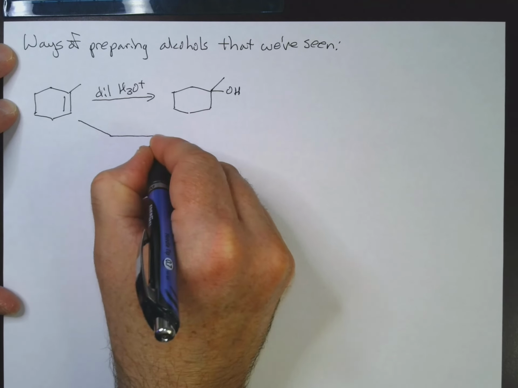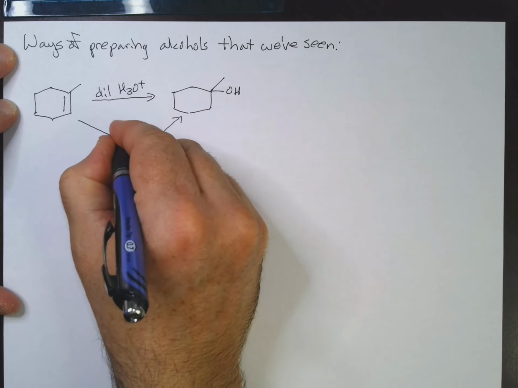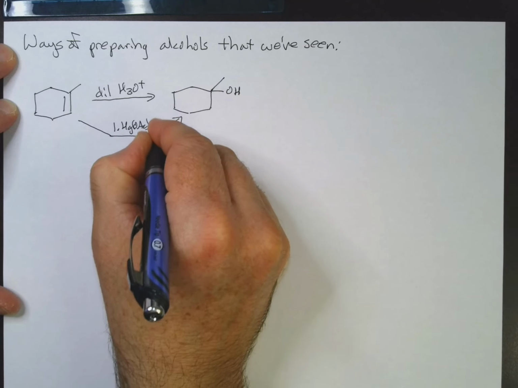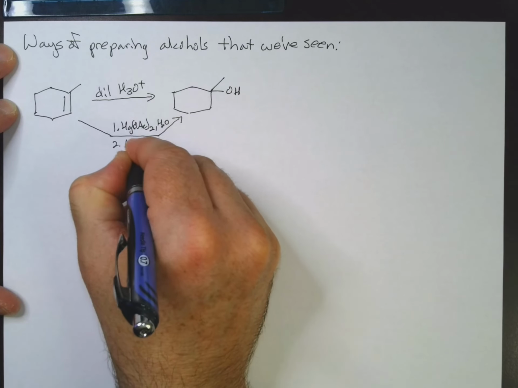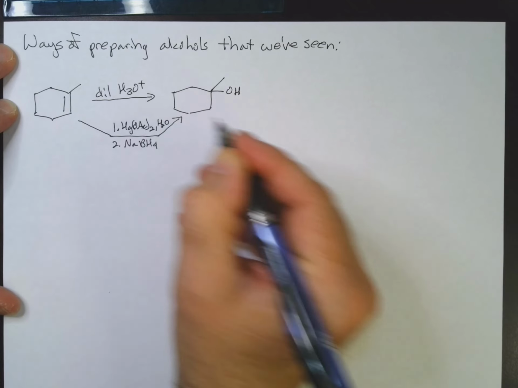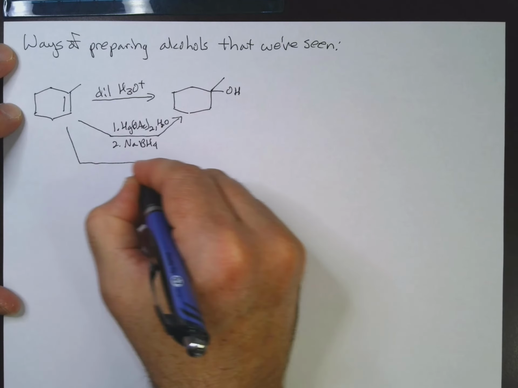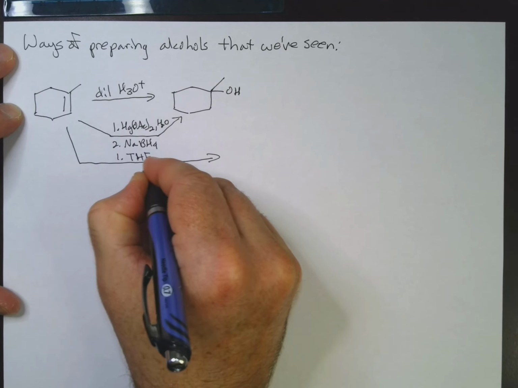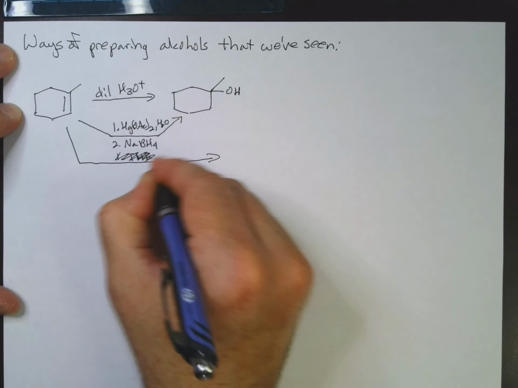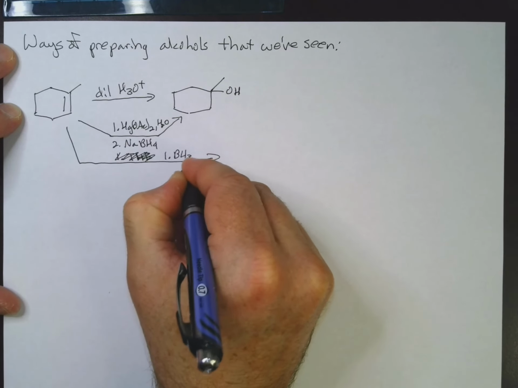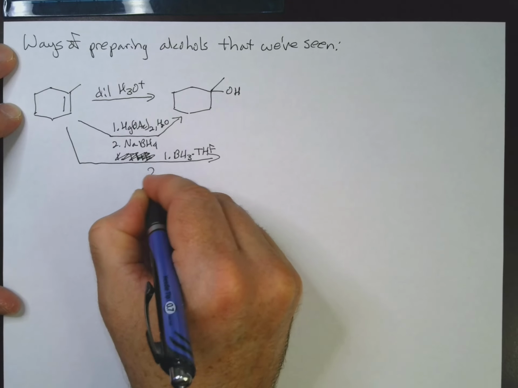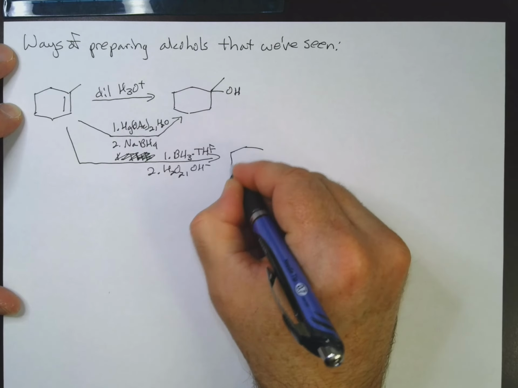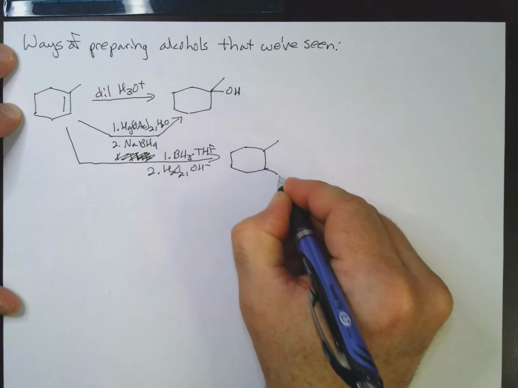We could do HgOAc2, H2O, and NaBH4, hydroboration oxidation. We could do BH3.THF, followed by H2O2 and OH minus, and that gives us our anti-Markovnikov product.